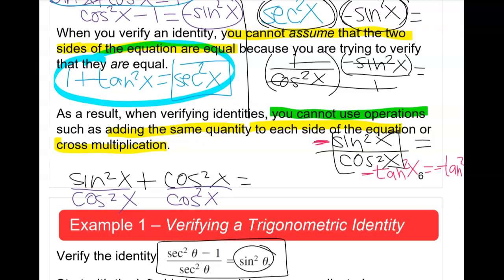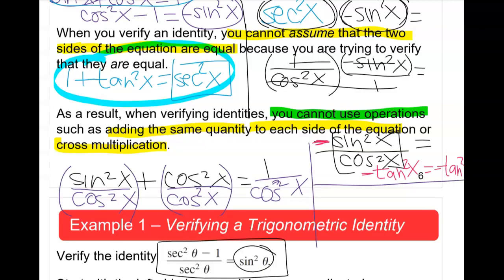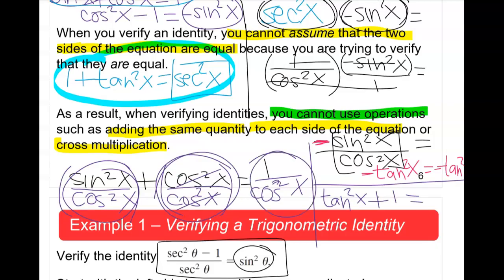So we had a 1 and we divide by cosine square of x. So if we do that, the first fraction, by the quotient identity, is equal to tangent square of x. The second fraction is equal to 1. And the right side here, by the reciprocal identity, is equal to secant square of x.